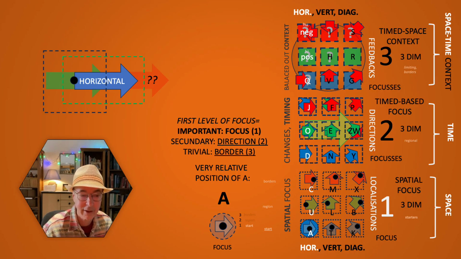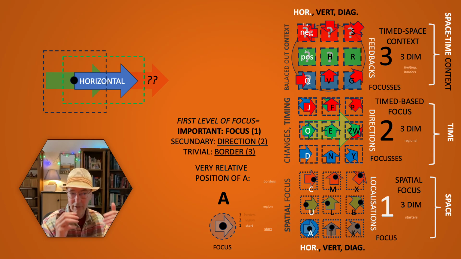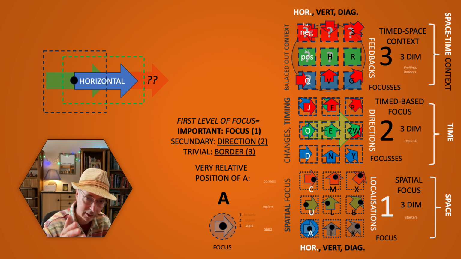Secondary is the direction. So if you have the horizontal, you could say, okay, where is it playing in the background? Is it then the whole range? Is that horizontal? That's actually not so important. It can start from there in our orientation as the secondary position horizontal. So that's the frame of the direction.